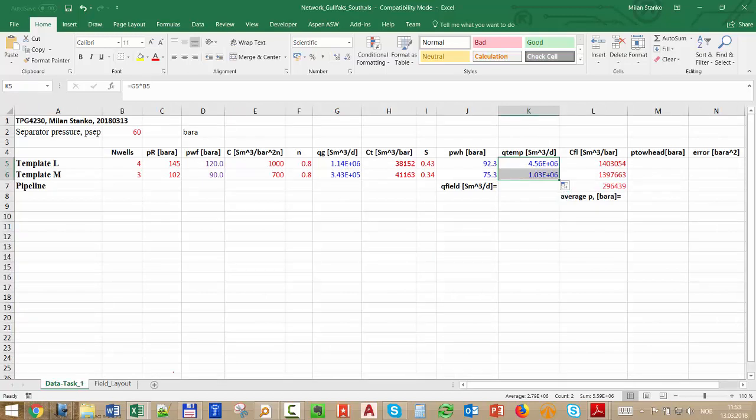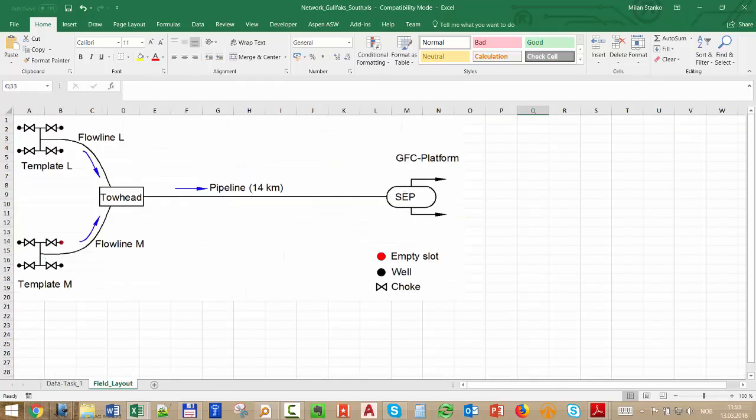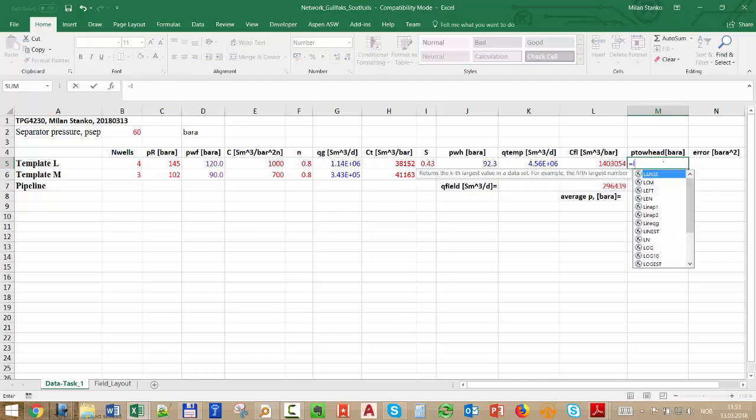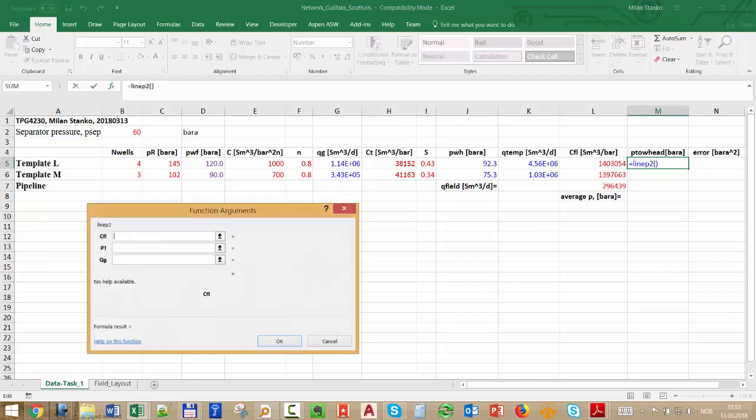Then I'm ready to calculate again from here to the tau head. Which equation am I going to use? I think we call it line, right? P1 or P2? P2. Here we need the C of the flow line, pressure. What is the inlet pressure?